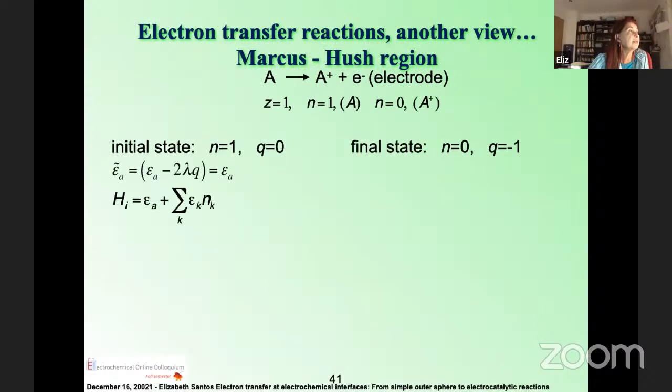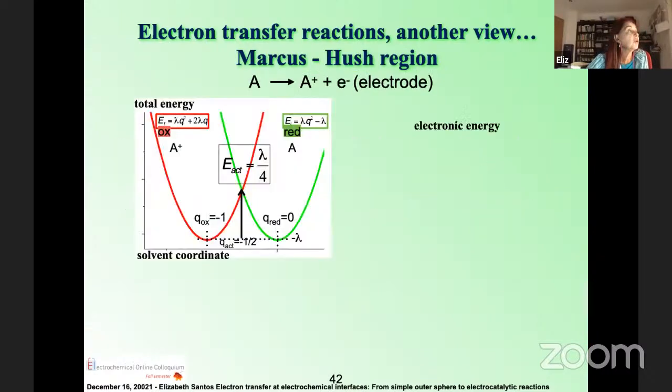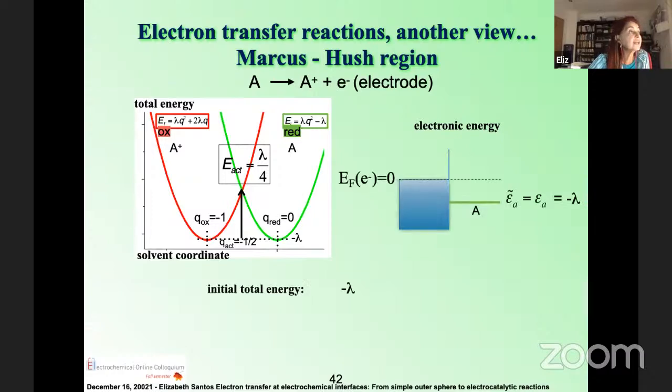For example, in the case here, we have an oxidation reaction. We have this parabola that we have seen before, but now we can analyze what the electronic energy is. At the very beginning, we start here at minus lambda for the electronic energy, and the total energy is minus lambda.